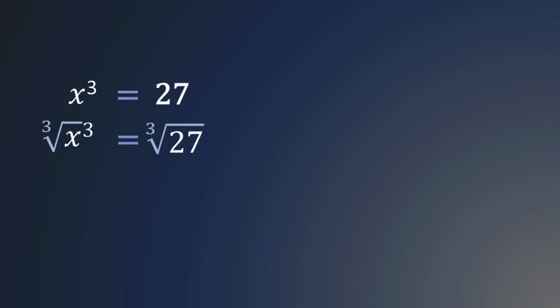On the left side, the cube root cancels the 3 in the exponent, leaving just x. On the right side, we need to figure out the cube root of 27. If we think about factors, or use a calculator, we find the cube root of 27 is 3, because 3 times 3 times 3 is 27. So in this equation, x equals 3.